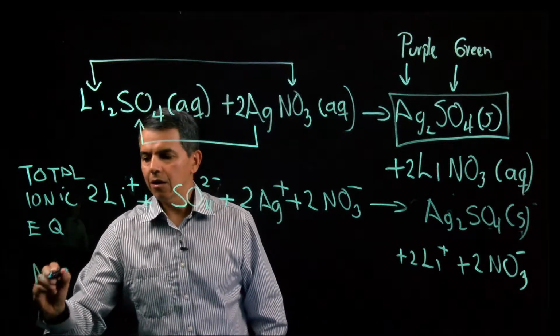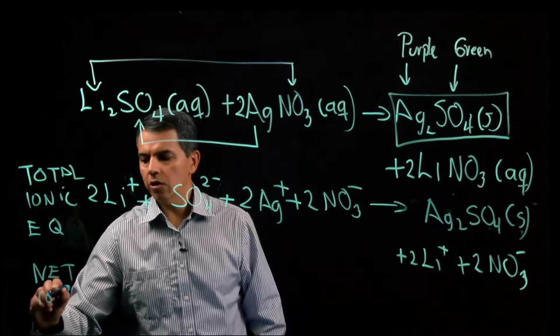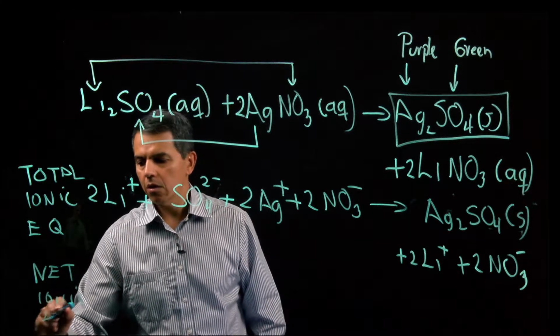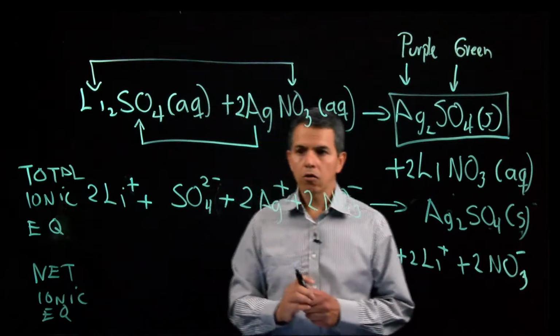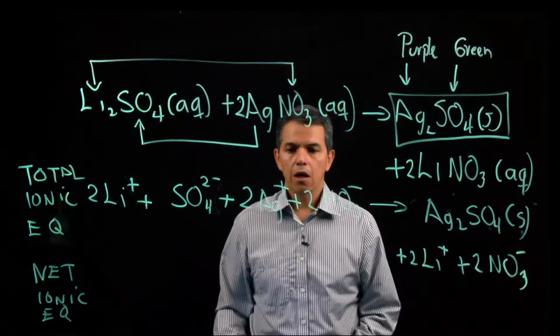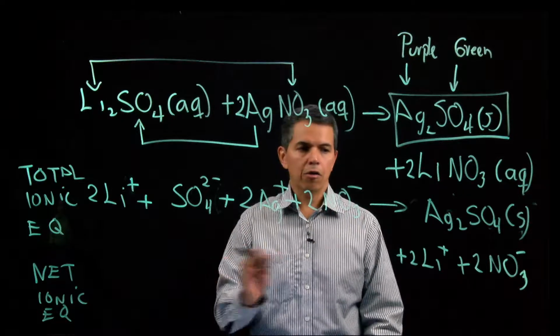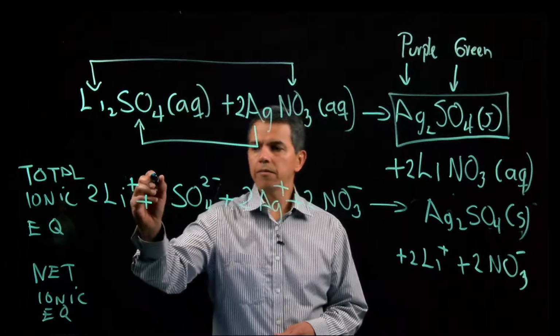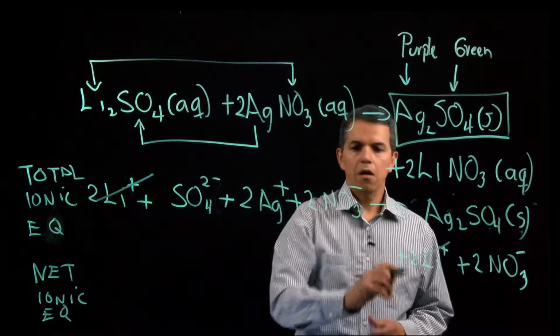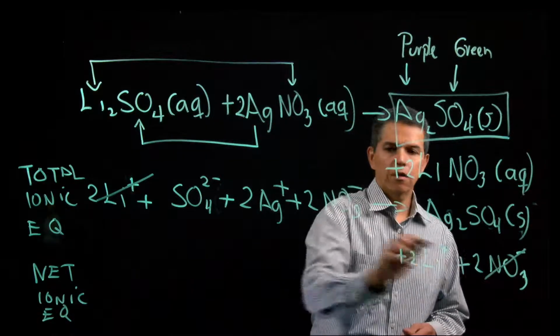The net ionic equation: we have to eliminate the spectator ions, those ions that do not change in the left side or the right side of the equation. So those will be lithium and nitrate.